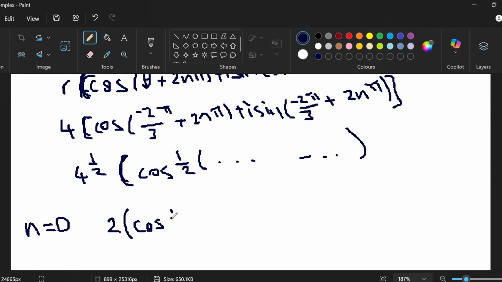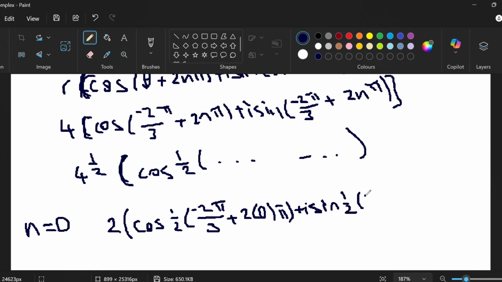cos of 1/2 times minus 2 pi over 3 plus 2 times 0 pi plus i sine 1/2 times minus 2 pi over 3 plus 2 times 0 pi. Again, that's just me subbing in for n in the general polar form here.